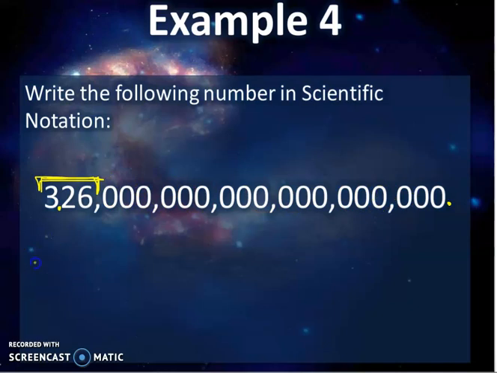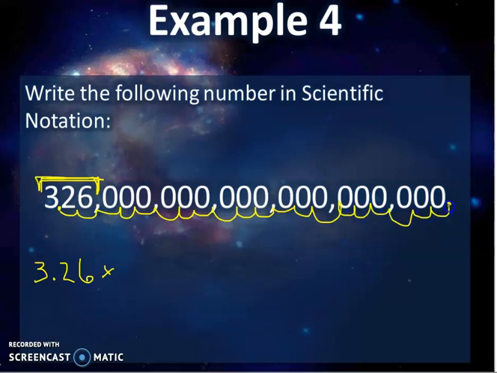So I'm going to rewrite it as 3.26 times, and let's count how far away my new decimal point is from my old decimal point. 1, 2, 3, 4, 5, 6, 7, 8, 9, 10, 11, 12, 13, 14, 15, 16, 17, 18, 19, 20. 20 place values over.